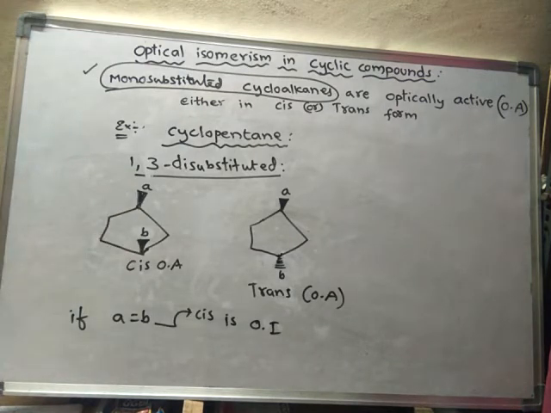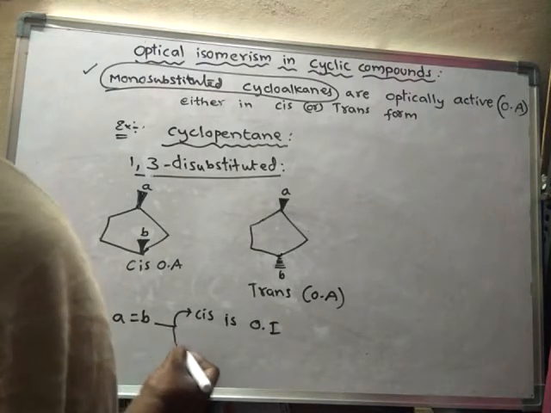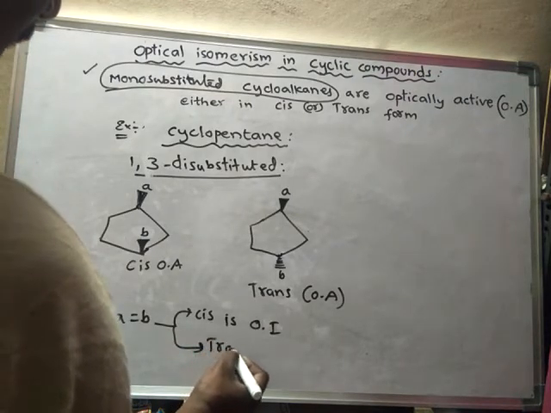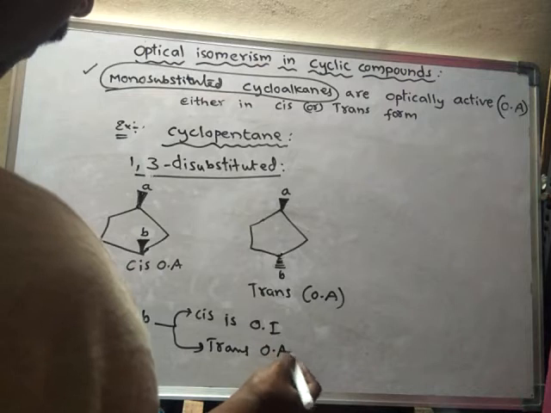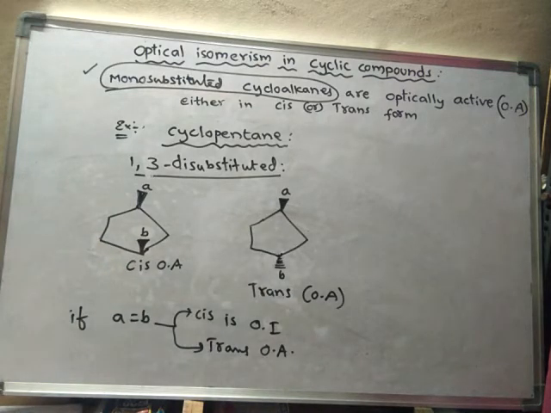Whenever a molecule carries any symmetry element, maybe a plane of symmetry or center of symmetry or alternating axis of symmetry, then that molecule is optically inactive. But the trans form will be optically active.